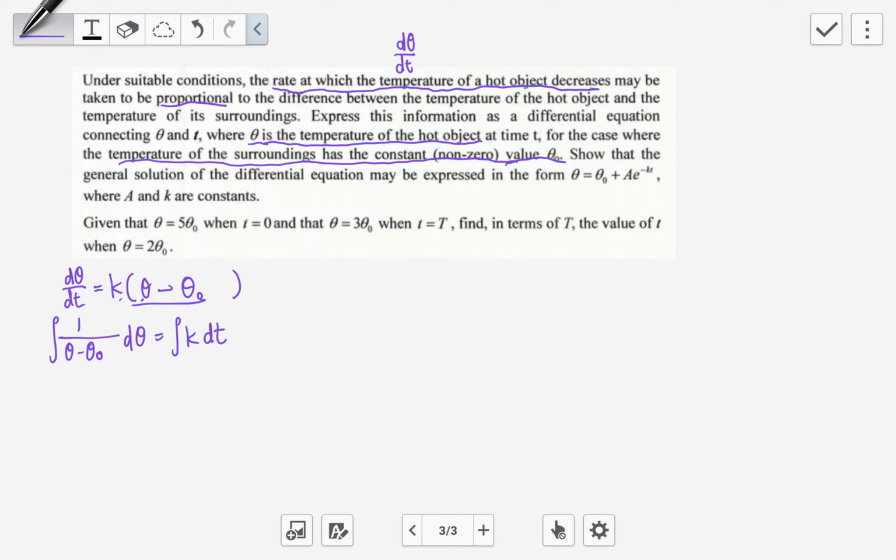Take note, k is just a constant. So then this will be using the formula, the integral of f prime theta over f theta d theta equals ln f theta plus c.